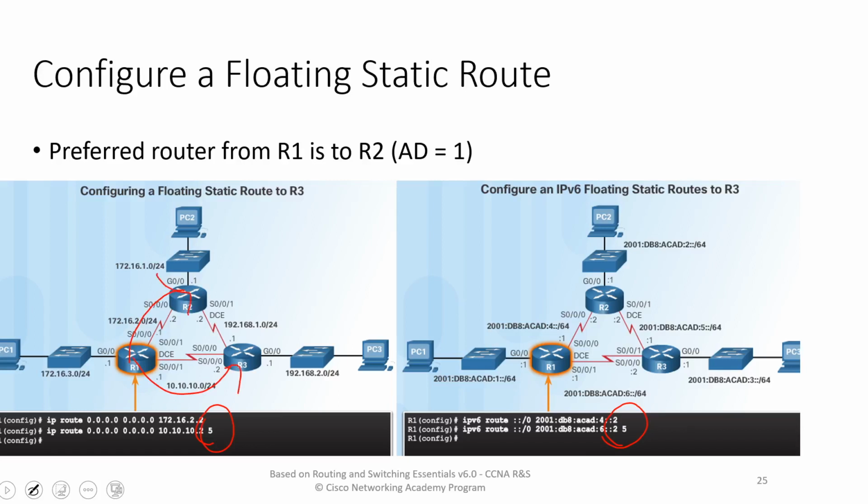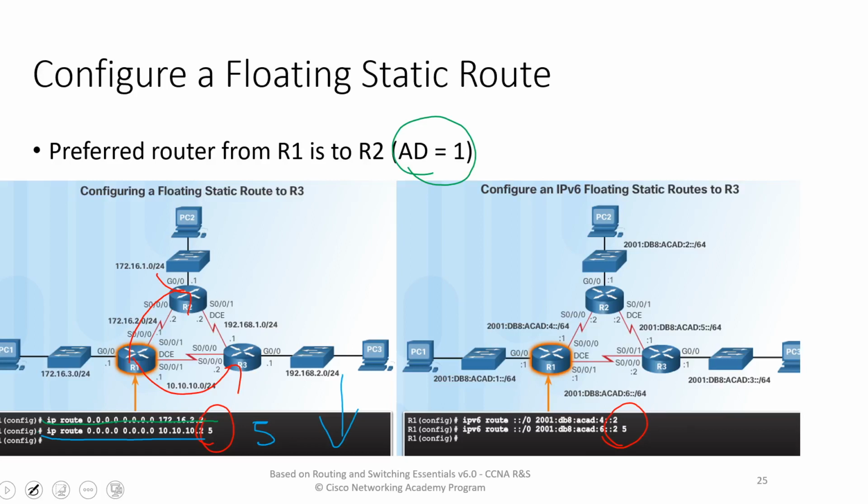For the connection to router 2, we would have no priority set, so its administrative distance becomes 1, whereas for the link connecting to router 3, we will increase its administrative distance, so its priority goes down.